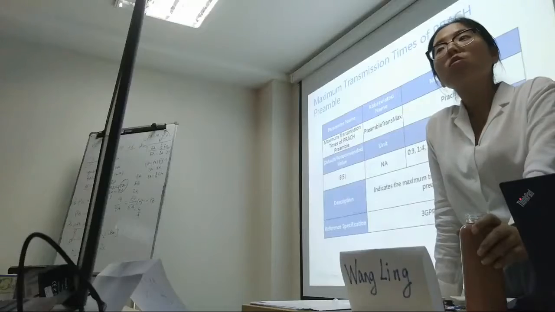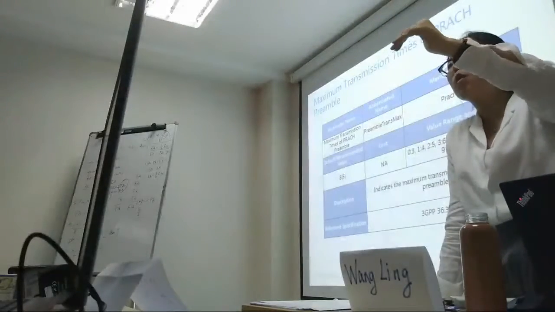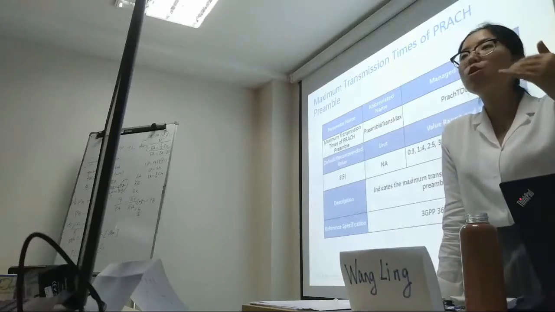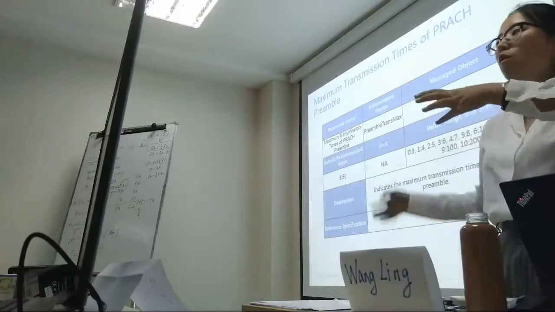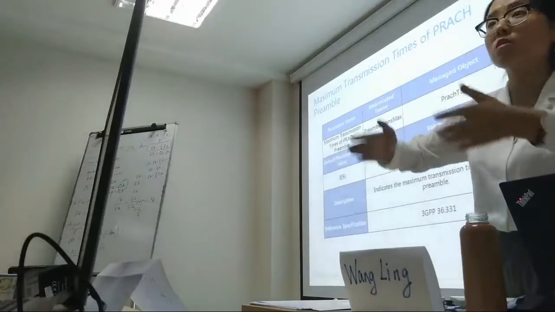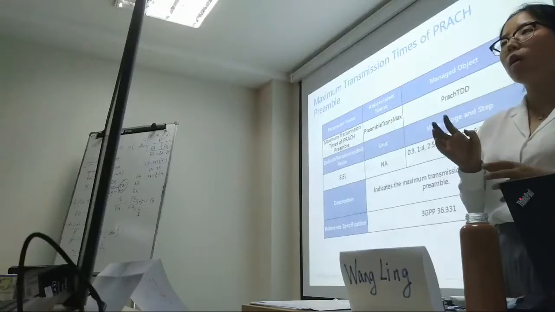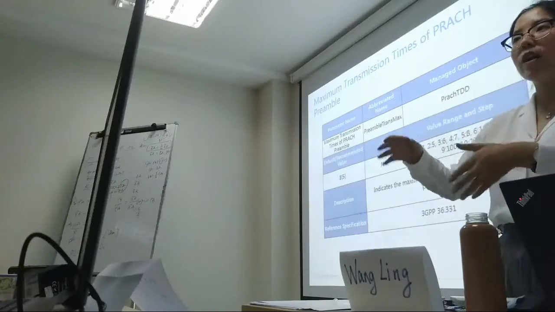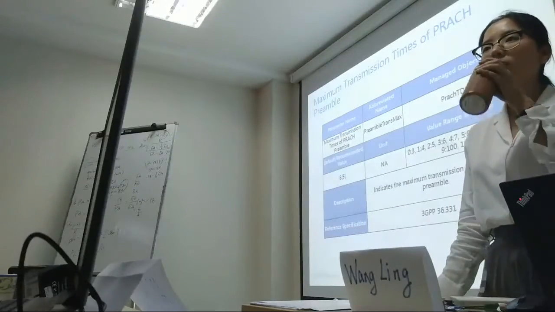If you set it too large, every time we transmit the preamble, the resource is a public resource. If you always transmit the preamble, that means you allocate the resource, so other UEs cannot use it. So usually we do not recommend setting a very large value, because it will affect other UEs accessing the network.